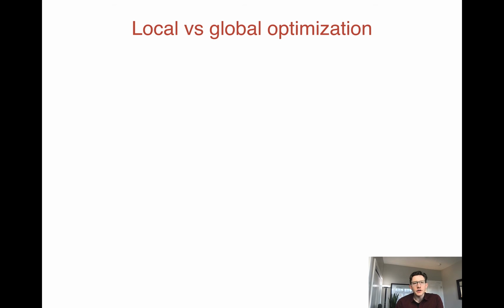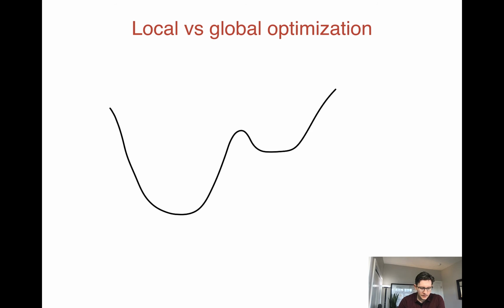So if we have some log likelihood function, it could look something like this. This function might have local optima, that is some value where it's locally optimal in the sense that if you look in kind of the neighborhood of this point, all the neighboring parameter values are worse, but there might be some other global optimum that's better.